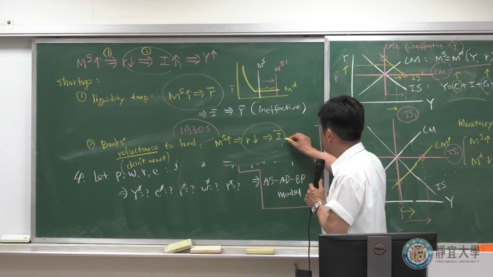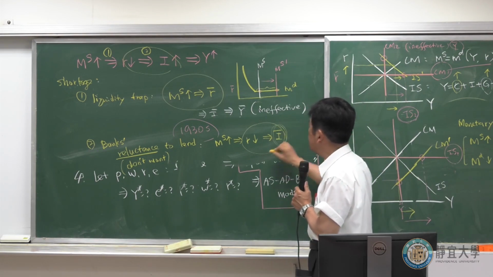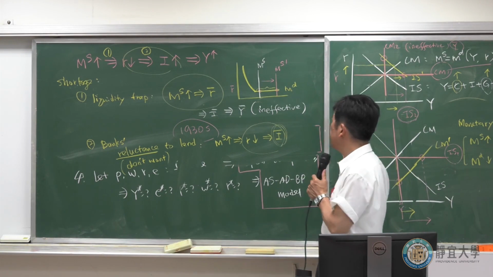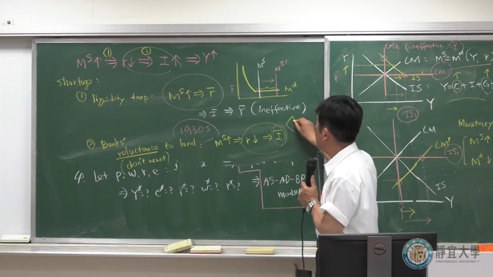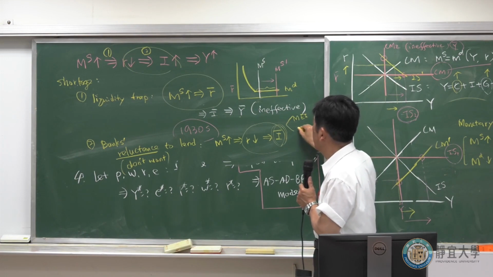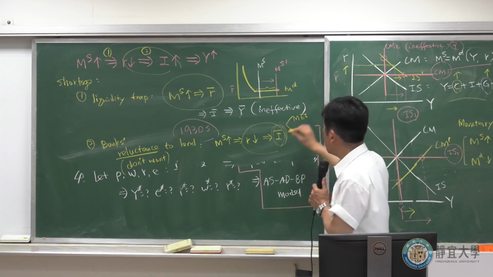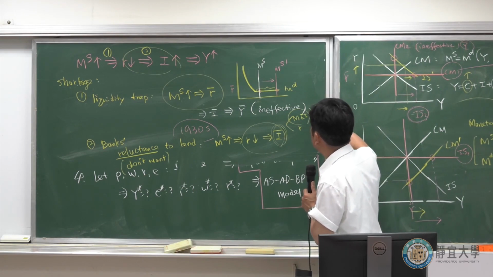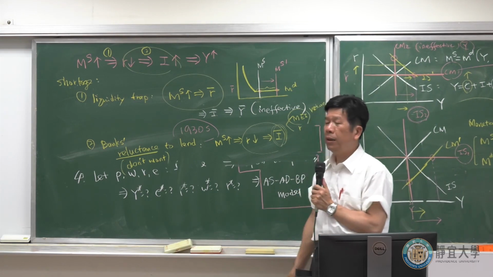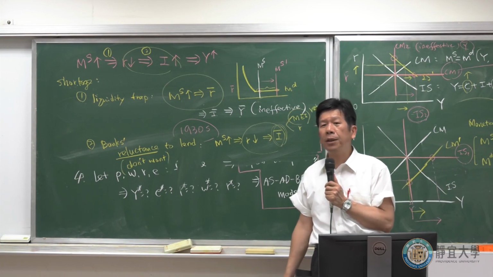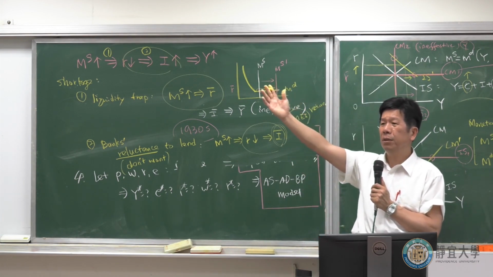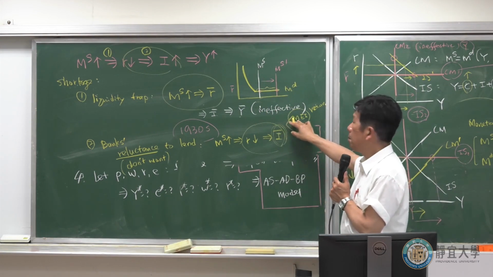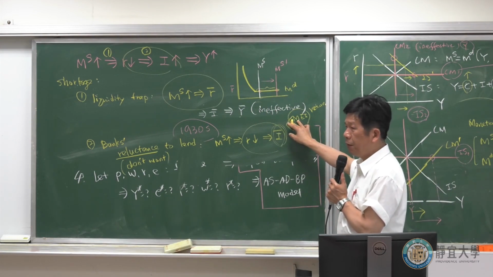Because the people who want to make an investment have some choices. One is MEI and the other is R. MEI represents the return. When a person makes an investment, they want a higher return. This is what we call MEI, the marginal efficiency of investment.